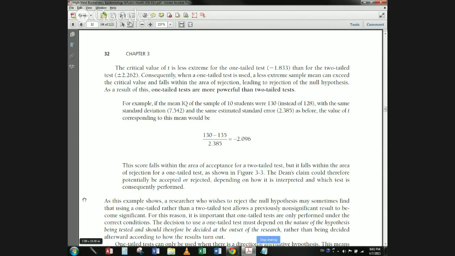This score falls within the area of acceptance for a two-tailed test, but it falls within the area of rejection for a one-tailed test, as shown in figure 3.3. The dean's claim could therefore potentially be accepted or rejected, depending on how it is interpreted and which test is consequently performed.